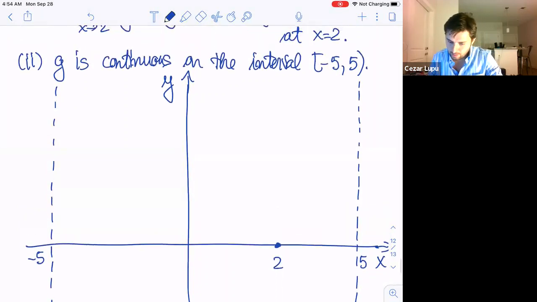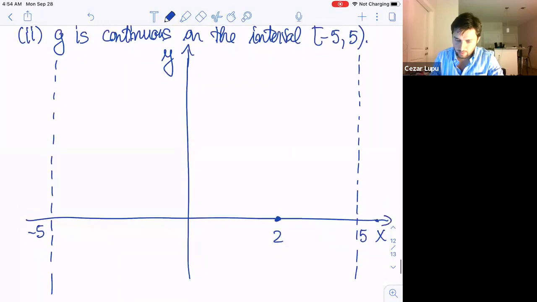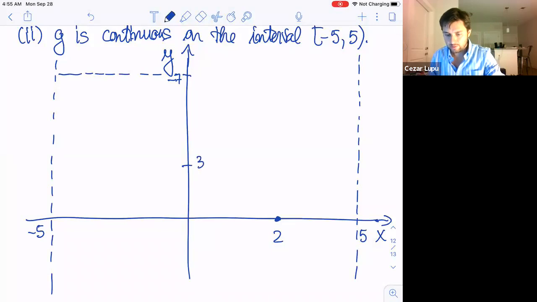Okay. And let's see how this function behaves. So here we have the point, let's say, -7. Right. Now here, let's say we have 3. So the function will go like this. Let me just draw it.